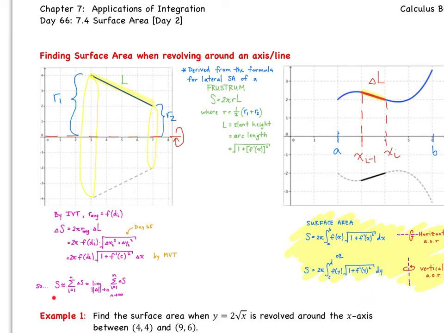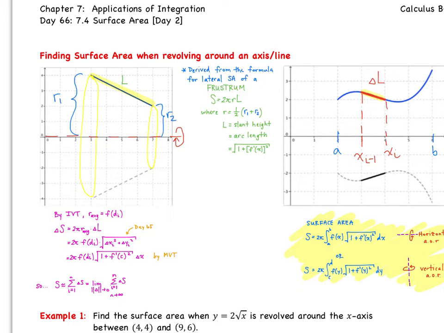So the surface area is really equal to the sum of all these small surface areas, these two-dimensional rotations here, which is really equal to the limit as that partition goes to 0. So the amount of space between these values goes so small, and the number of pieces that we're adding goes to infinity.